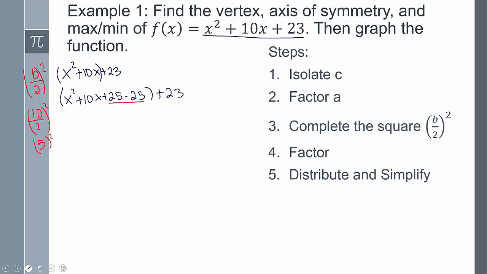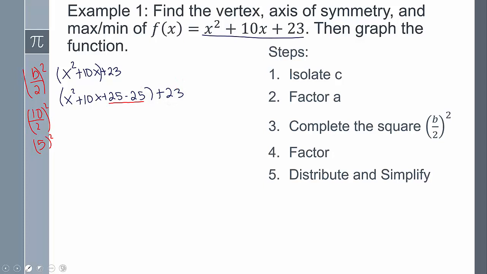So we have to do this algebra trick where I'm going to both add it and subtract it. The reason I have to subtract it is because 25 minus 25 is 0, so I'm technically just adding 0. But I want the 25 so that I complete the square, but I can't just add 25 out of nowhere, so I have to include the minus 25.